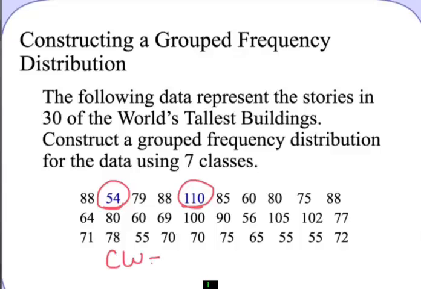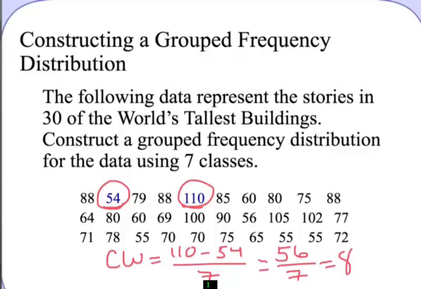Remember, class width is my highest minus my lowest divided by the number of classes that I'm looking at. So 110 minus 54 gives me 56 divided by 7, which gives me a perfect 8.